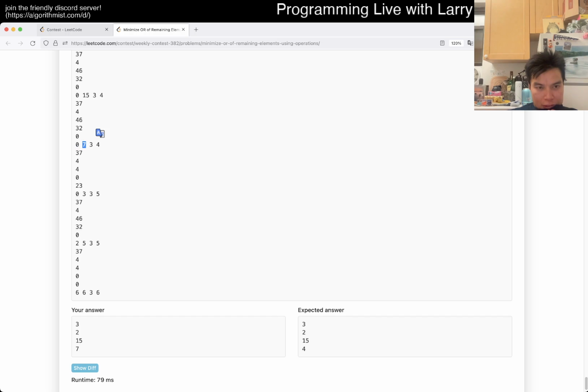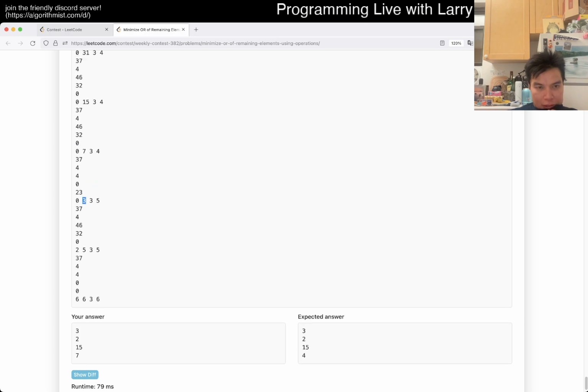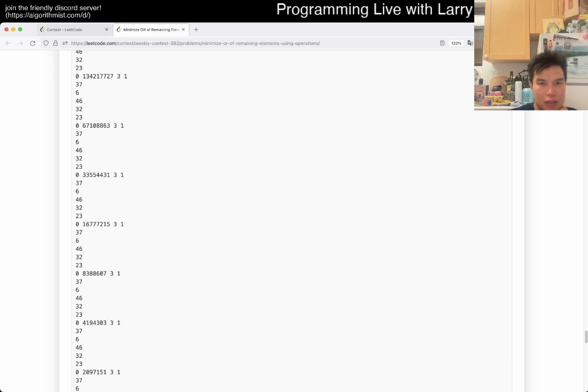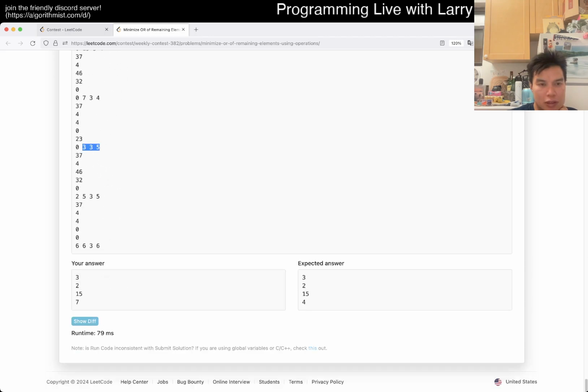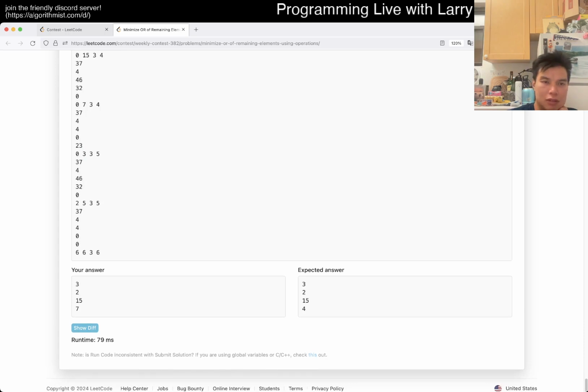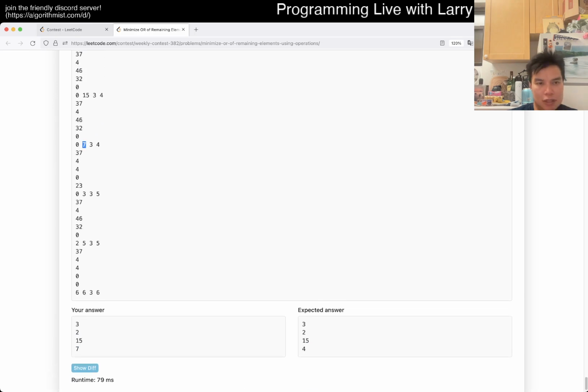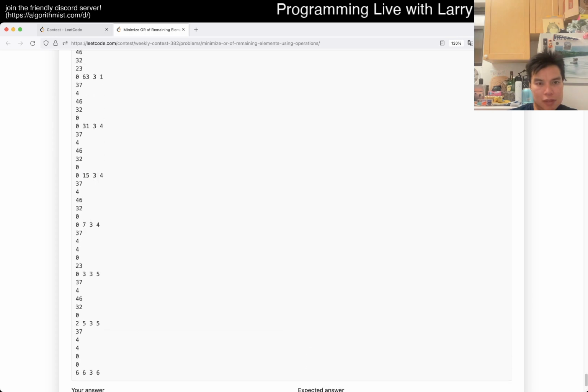Alright, and then you try removing 0 and then 3, which is no good. But then something is off here. If it's no good, then this should be a 1, right? Why do I have 7? Oh, you have 7. 7 is good. Somehow. My things are really weird printing.